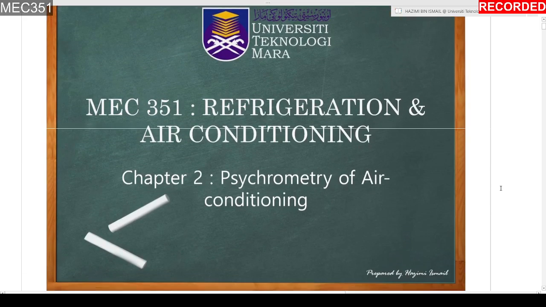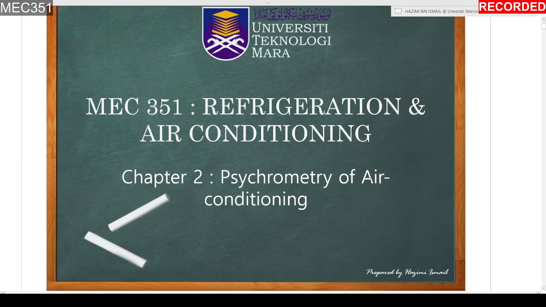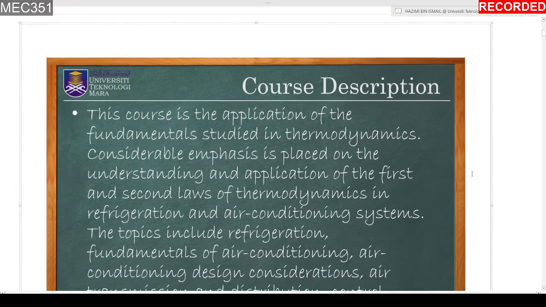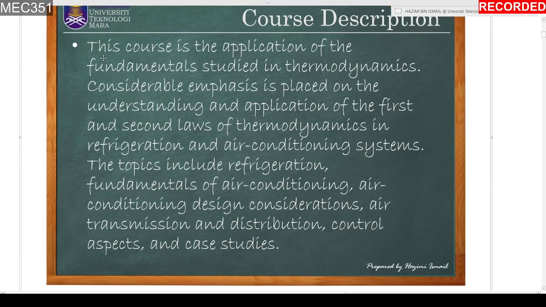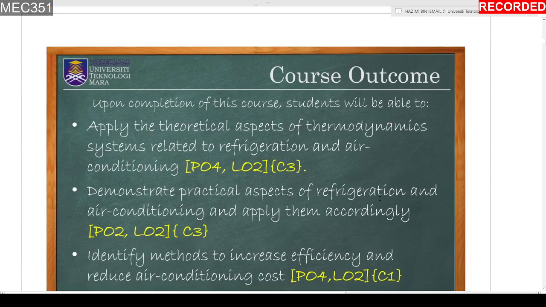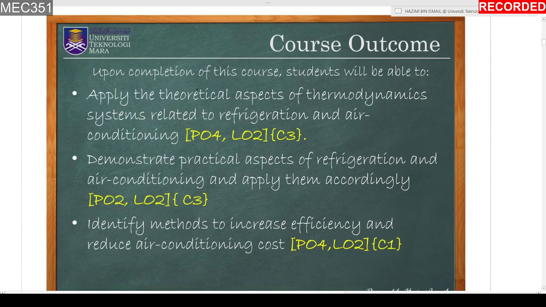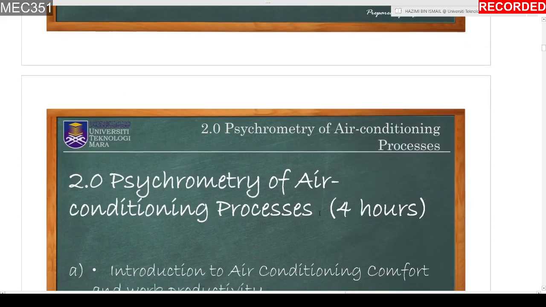I hope all of you have these notes that can be downloaded from the Google Classroom. This is our course description for this chapter. You can read it on your own, and this is the course outcome of this chapter or our course.